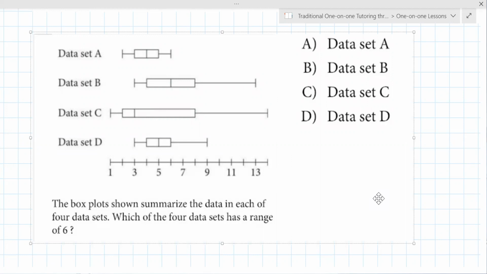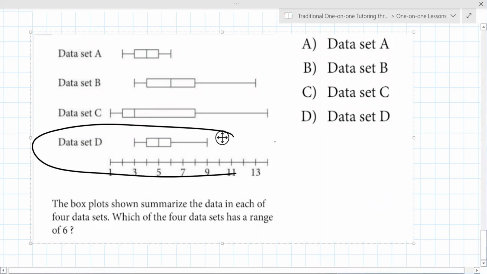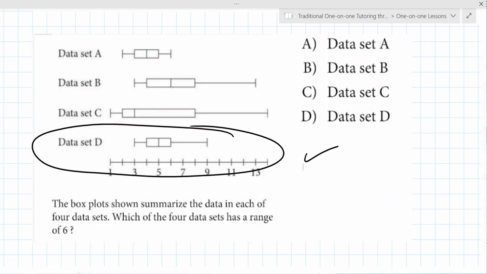D. Data set D. Okay, and how confident are you in your answer? I'm confident. Yeah, I would agree. It's perfect.